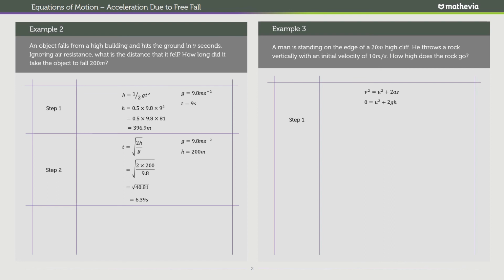So the acceleration in this case is negative, and when you work that out, what you have in the end is h equals u squared over 2g, and we have our u as 10 meters per second, g as 9.8 meters per second squared. We'll just use that to find our h, and we should end up with 5.1 meters.